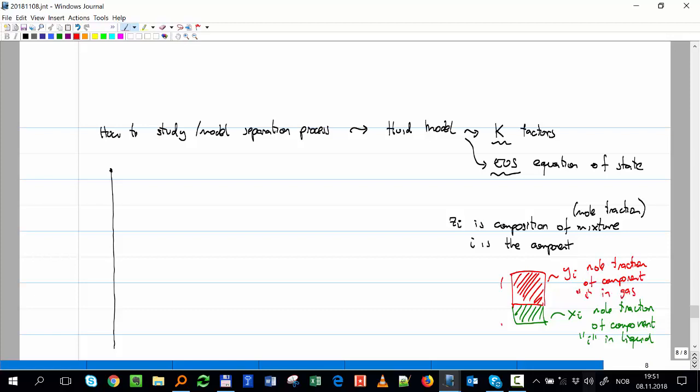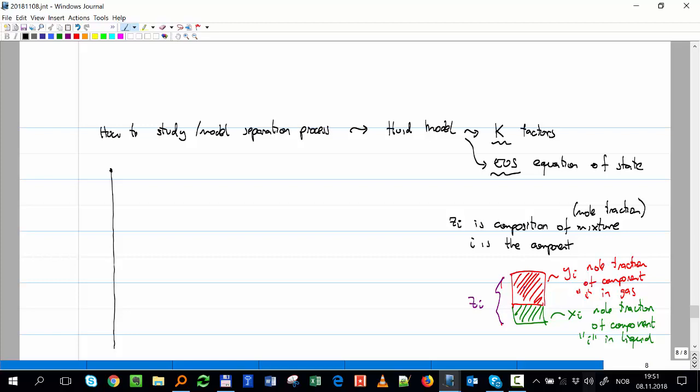And Z is if you look at the whole thing. If you sum up all the moles that you have in the gas and in the liquid, and you divide by the total number of moles. So something very, very interesting.